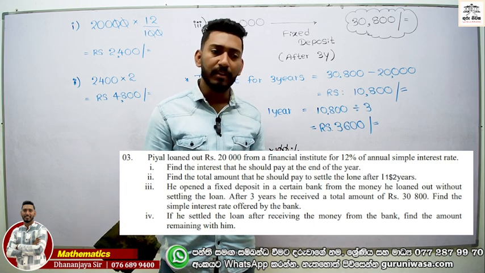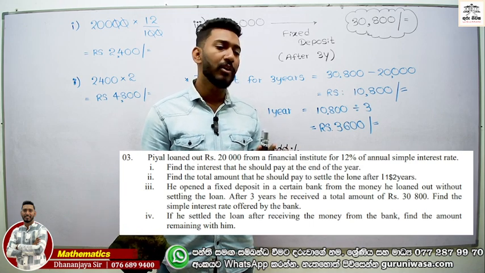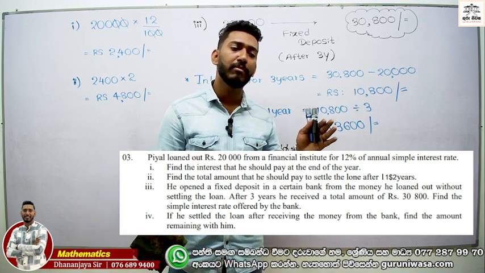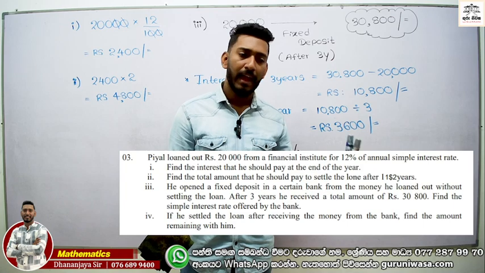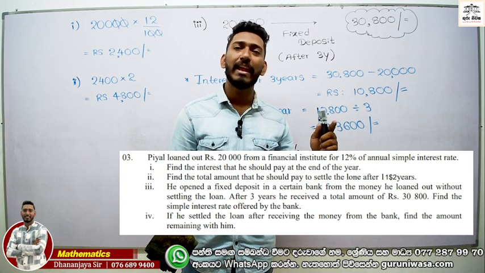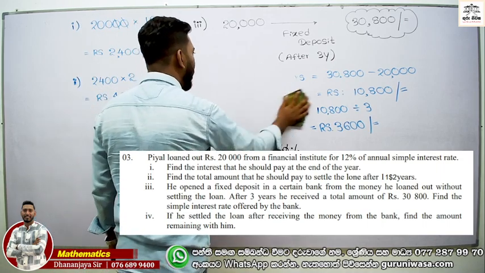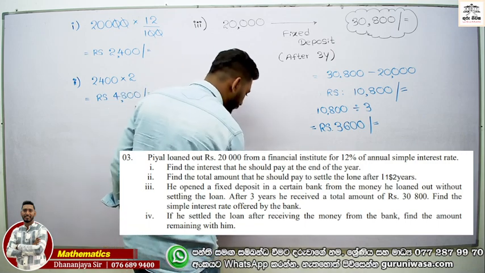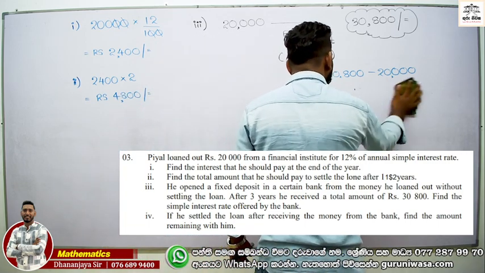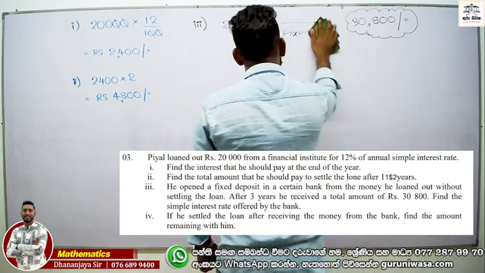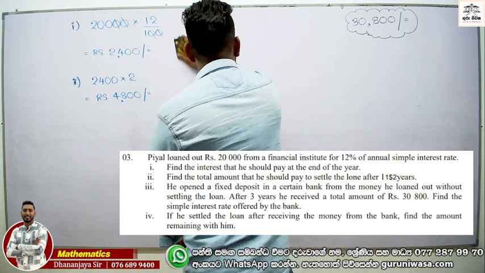But after 3 years, if he settled the loan after receiving the money from the bank, find the amount remaining with him. He withdraws the money that came from the bank after 3 years and settles his loan. Now tell me.